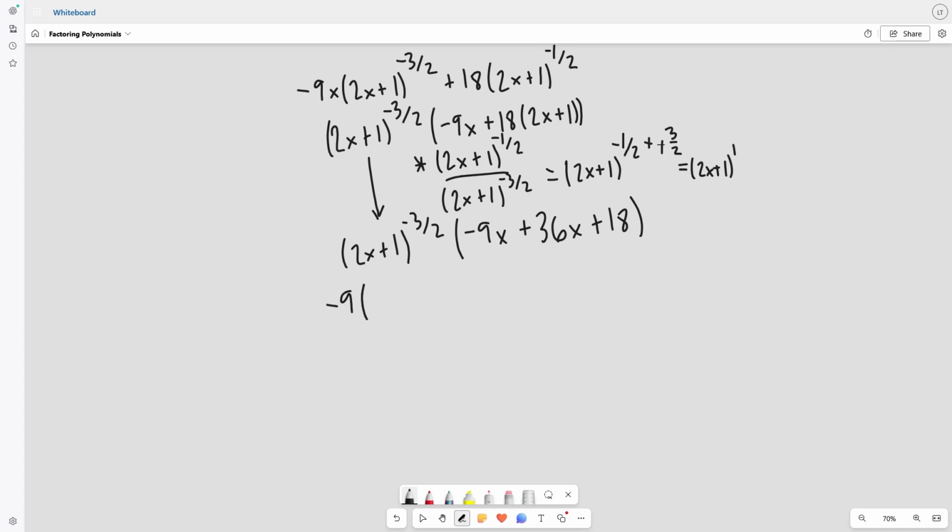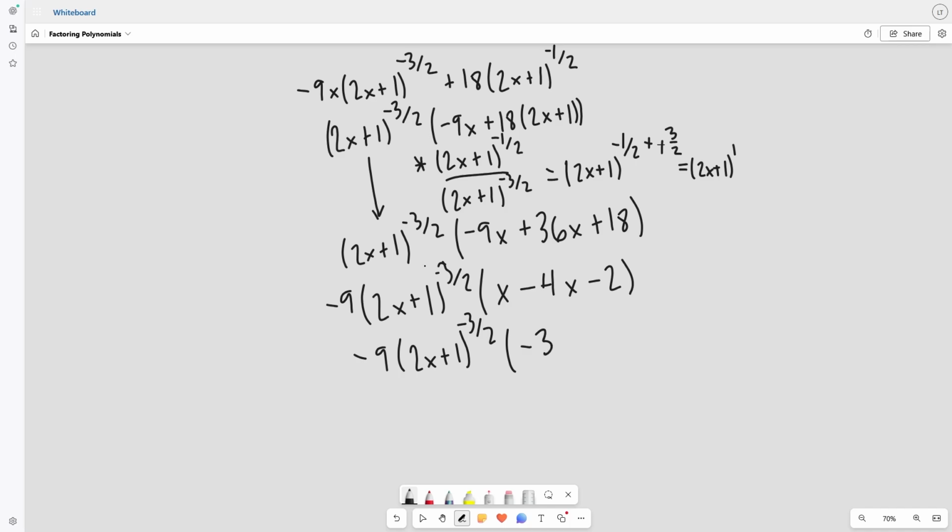So I'm going to go ahead and put that at the front of the whole expression. So pulling out the negative 9, we get x minus 4x minus 2. And let's simplify again. x minus 4x equals negative 3x and minus 2. And that gives us our answer.